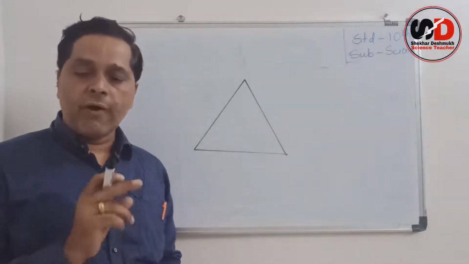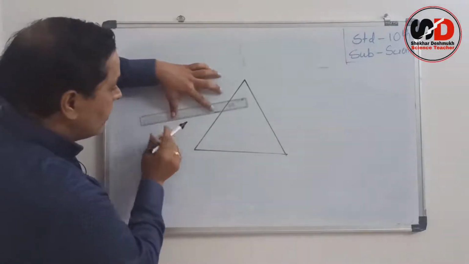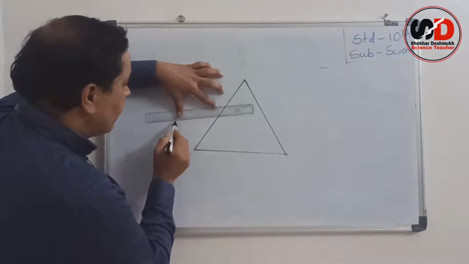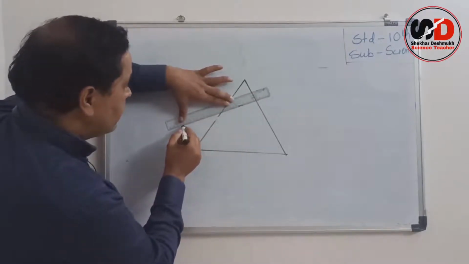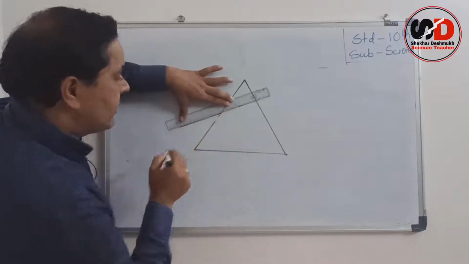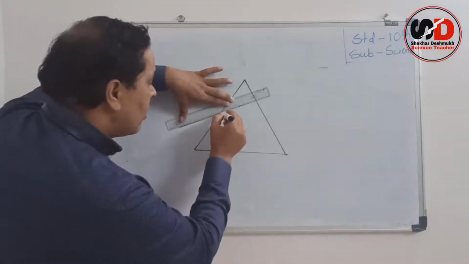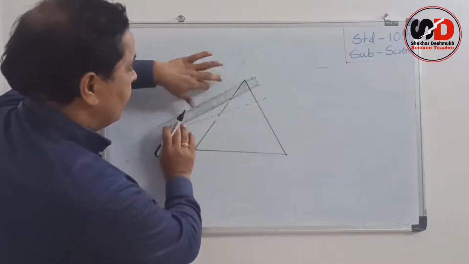Suppose a white light travels. Suppose this is the incident ray of light. It falls here on this surface. I will draw the incident direction also.